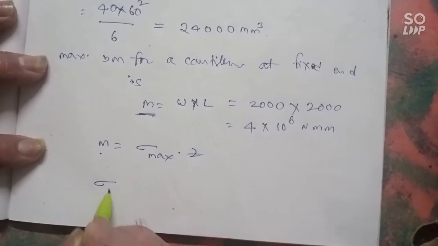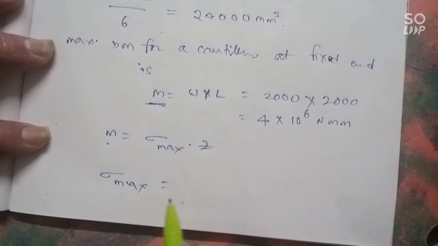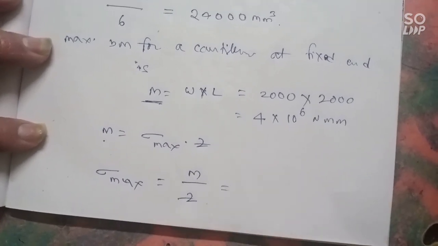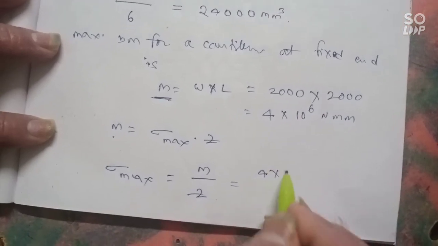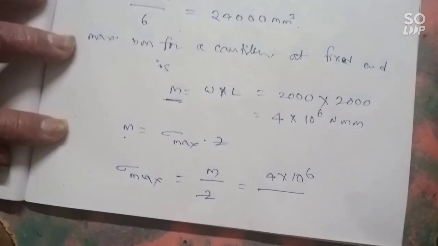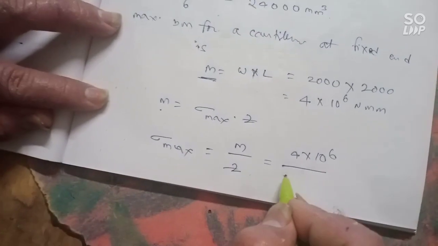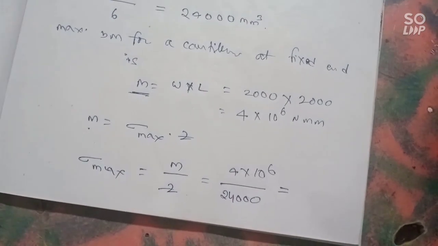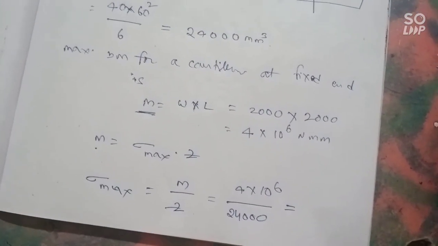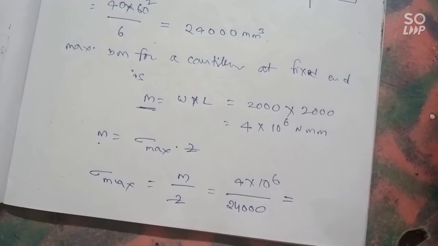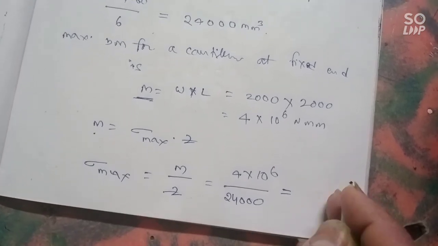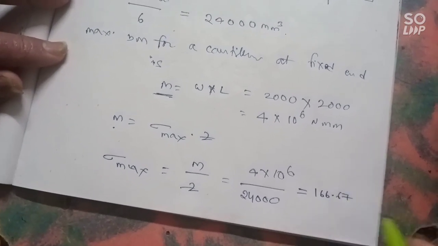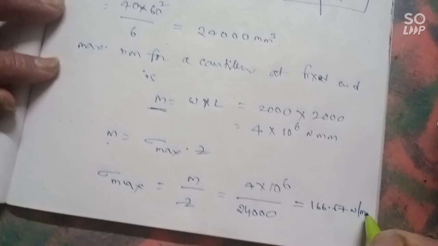So maximum stress is equal to M by Z, that is 4 into 10 to the power of 6 divided by 24,000, that is 166.67 newtons per mm square.